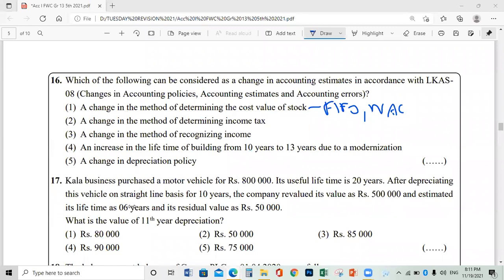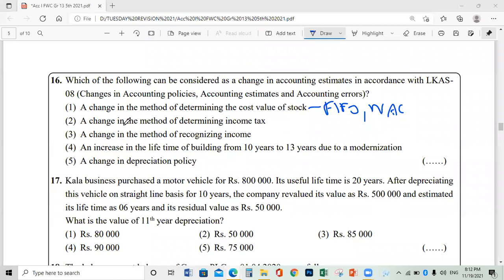Okay, so now see the first one, they are asking you to find which is an estimate. Inventory: to determine the cost value of inventory, there are two methods you can use, FIFO and weighted average cost method. So guys, FIFO and weighted average, this is an inventory policy.